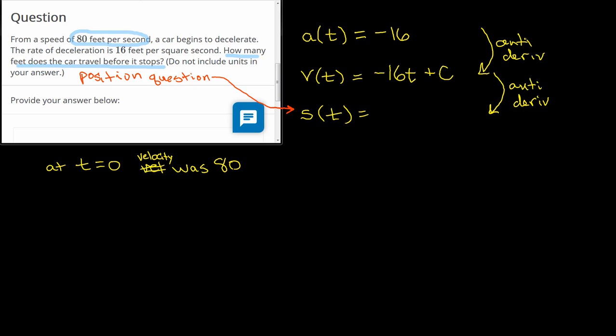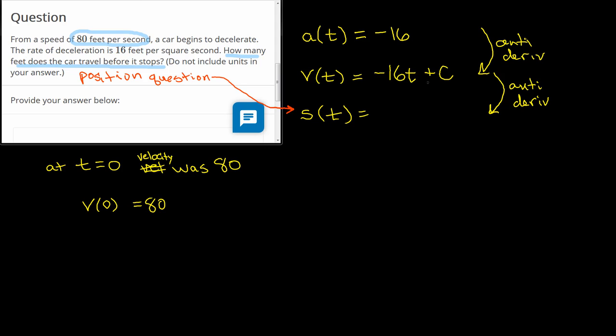Okay, so if I write that in terms of symbols, v of 0 is equal to 80, because v was our velocity function, and if we put time 0 into the velocity function, then we get the velocity at time 0, which the problem tells me was 80.